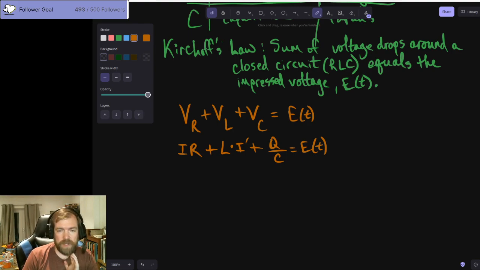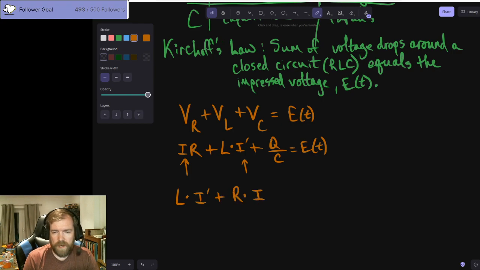We can also then state that our variable here in terms of a differential is going to be I, and we have I prime. So we can rearrange stuff to make it L times I prime plus R times I. And at the moment we could move stuff around a little bit.